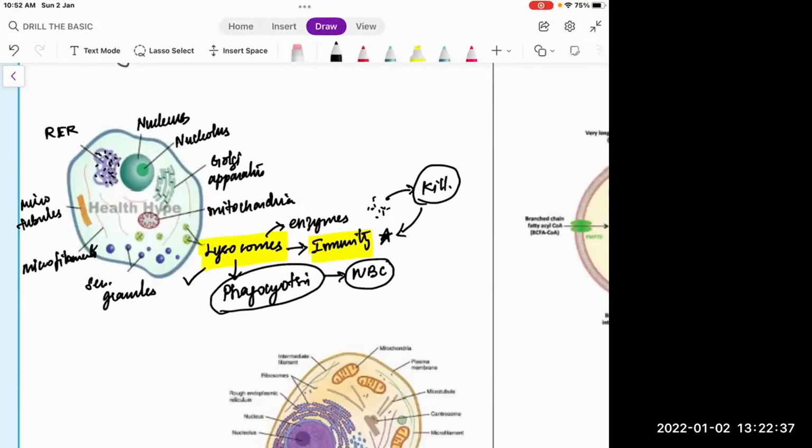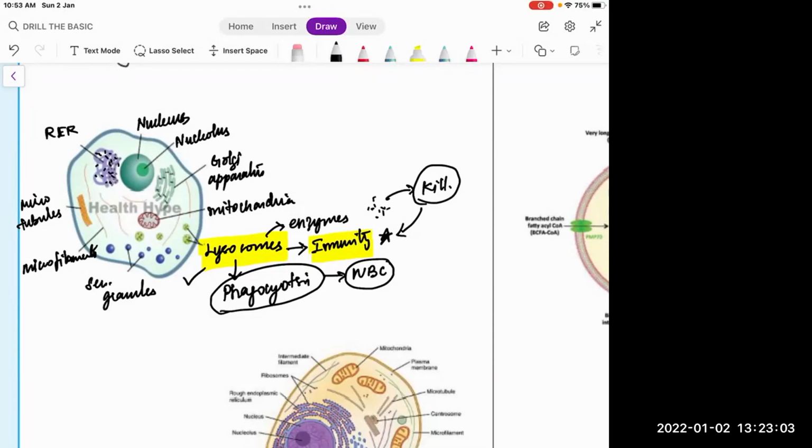Apart from this immune function, the defense mechanism, the lysosome also has a role in physiological mechanisms, digesting cell debris. For example, the normal lifespan of an RBC is 120 days. After 120 days, you have to digest all the remnants of the RBCs.